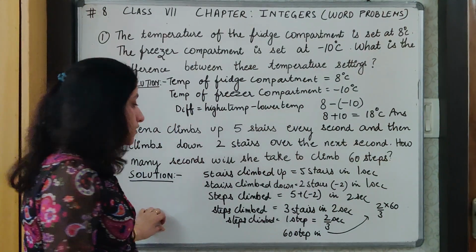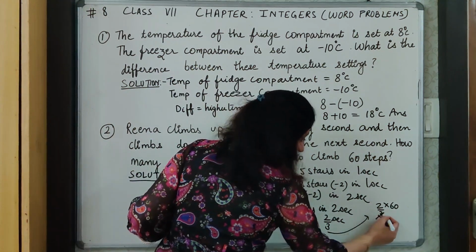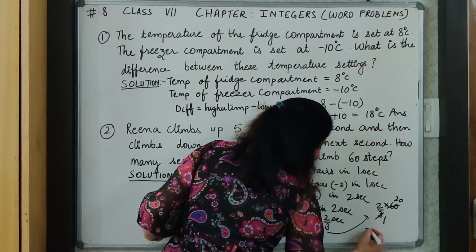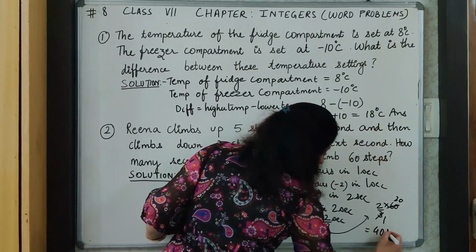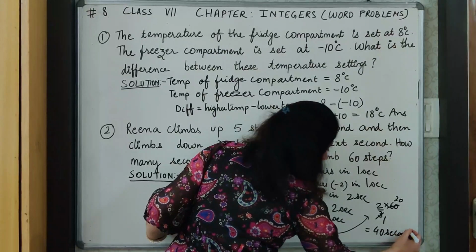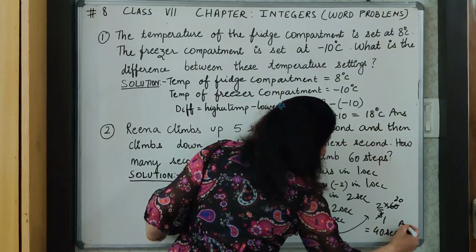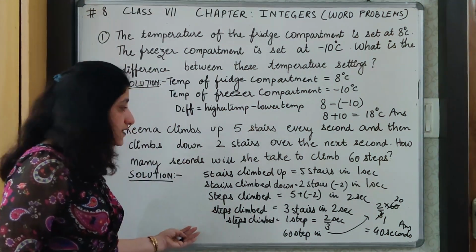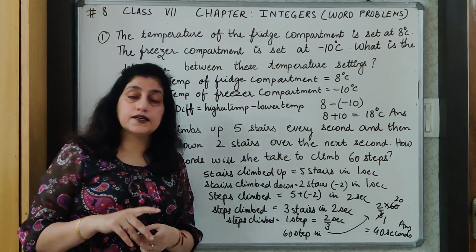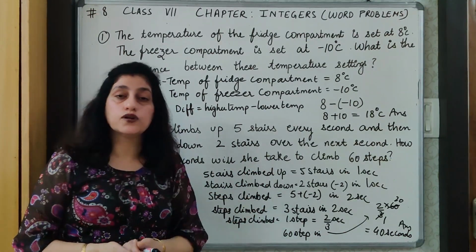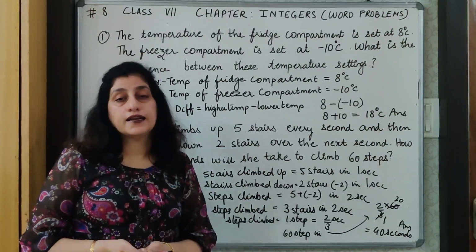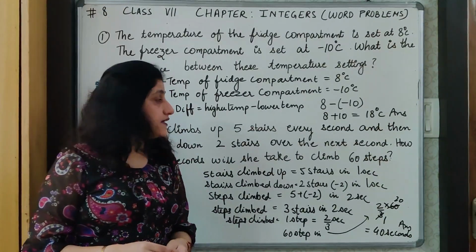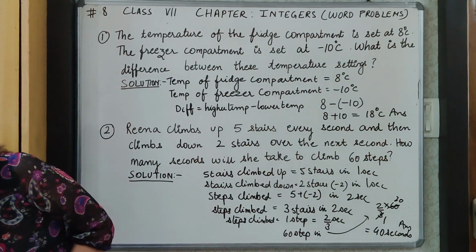Is it clear? So we will get here 120 upon 3 is equal to 40 seconds. She will climb 60 steps in 40 seconds. You go through this nicely. This is the solution over here on the board. Understand it, and after this we will move on to the next question. So for that I will have to clear the board. Let me do it.